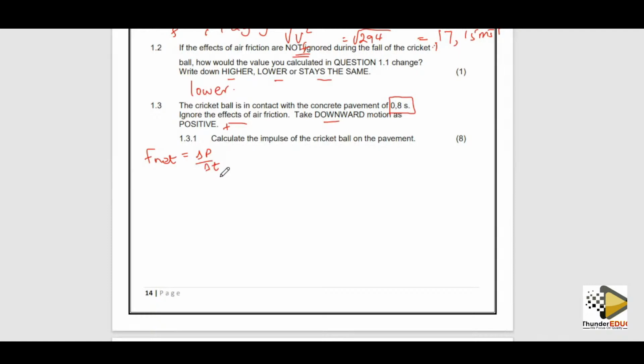Does that make some sense? So when we talk of impulse, it's the change in momentum that we're focusing on, which means our change in momentum will be the F net times the delta t.